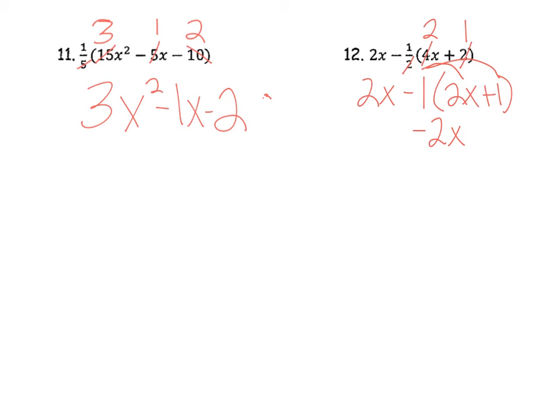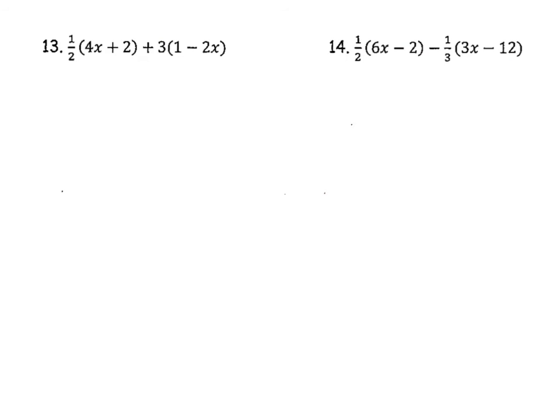Negative 1 times positive 1. Negative 1. Put the 2x in front like it was before. Okay. And then you got what? What kind of 1? Negative 1. Okay. Cool deal.